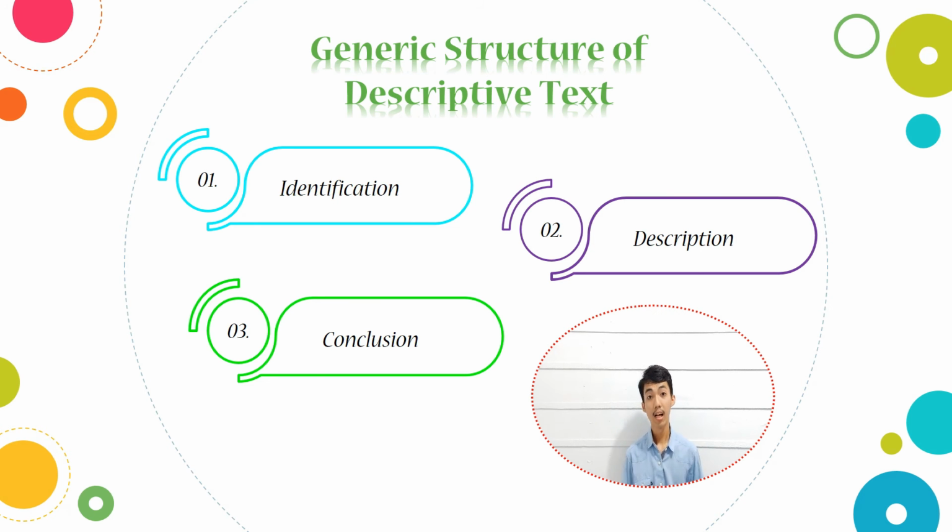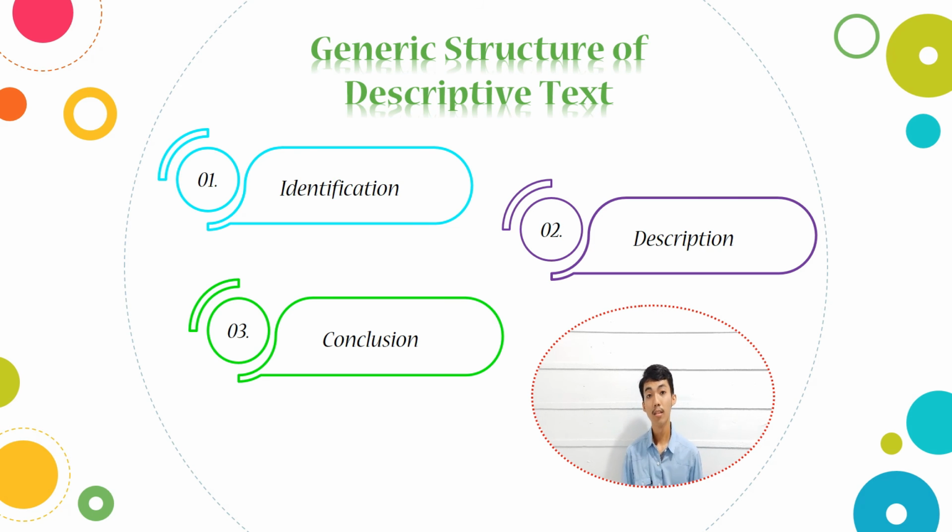This section is located in the first paragraph and aims to identify an object to be described. Identification serves to introduce the reader to the object that we are going to describe before we tell about the object in more detail in the next paragraph.